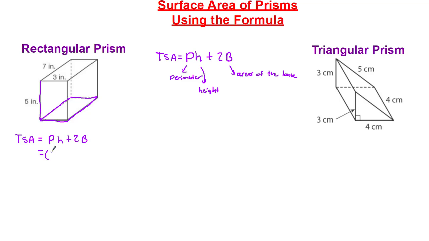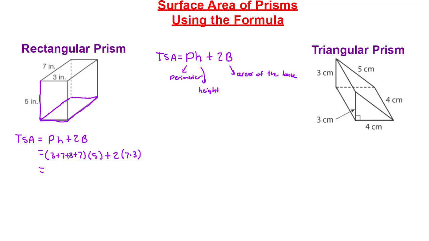Our height is the distance between the two bases, which is going to be 5 inches here. Next, we have our 2, that's just a constant, and then the area of our base. And our base is going to be a 7 by 3. So for now, I'm just going to put 7 times 3, and then we'll evaluate that later.